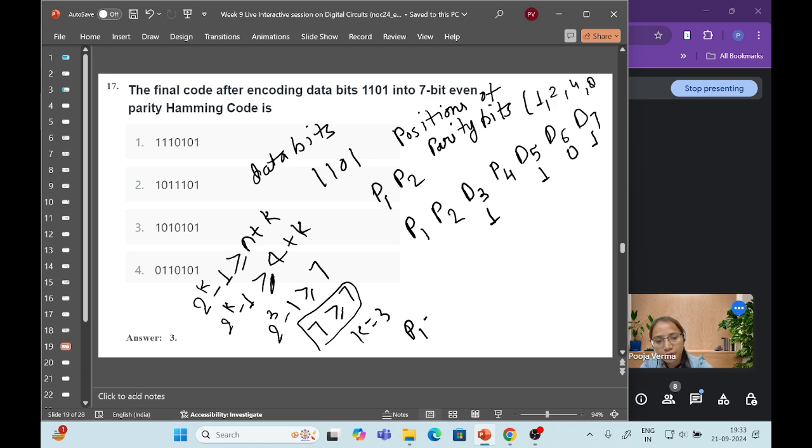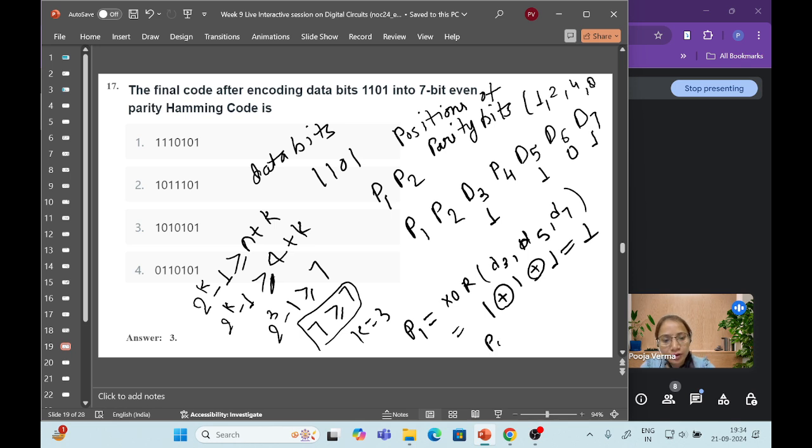P1 is equal to XOR of, we cannot take the parity bits, so D3, leave 1, D5, then D7. So XOR: 1 XOR 1 XOR 1. It is an odd number of ones, so P1 is equal to 1.